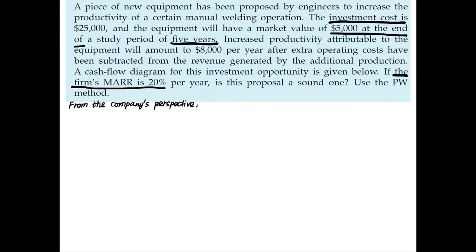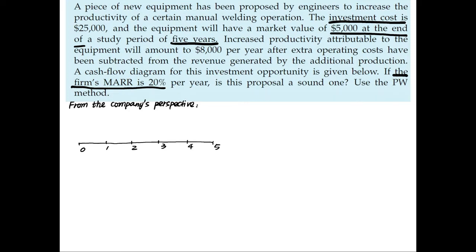So the cash flow diagram: you have 0, and the lifetime for this project is 5 years, so you have 1, 2, 3, 4, and 5.